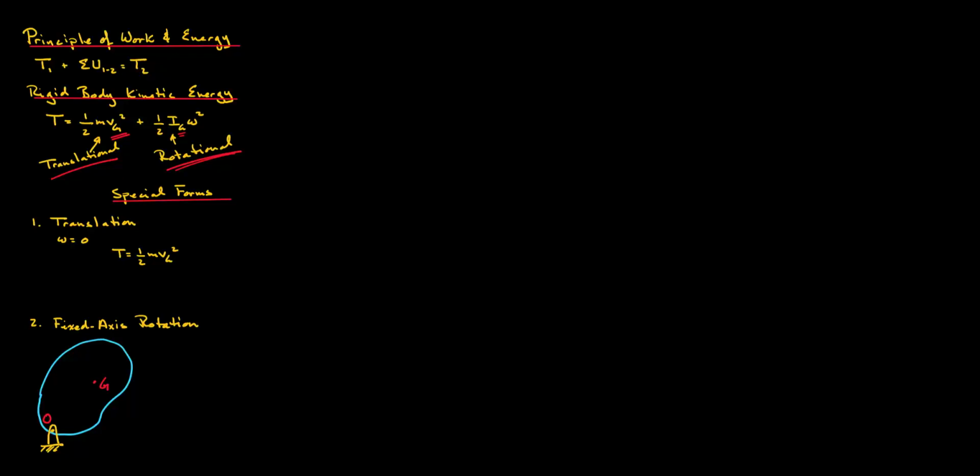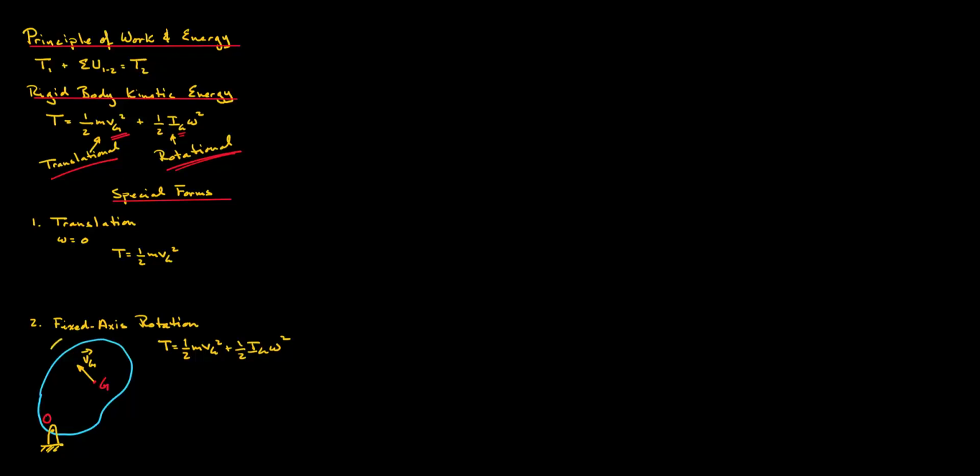What will we have? Well, we know that our center of mass will have a velocity v_G. We can still express this as T is equal to 1/2 m v_G squared plus 1/2 I_G omega squared. There's nothing wrong with that.